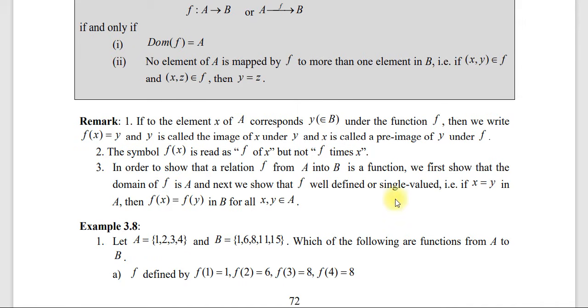Therefore, if x is equal to y in A, then f of x is equal to f of y in B, for all x, y elements of A. That means f of x is equal to f of y only if x is equal to y. Otherwise f of x is not equal to f of y, where x, y are elements of A.